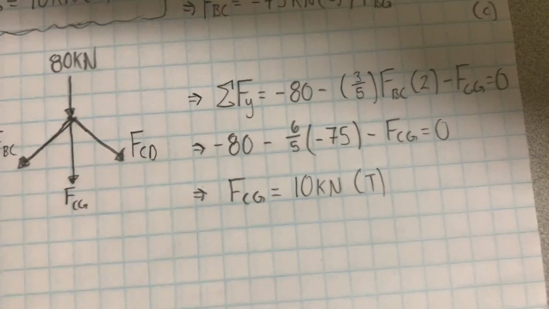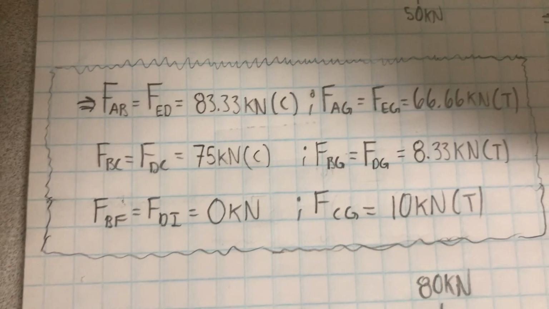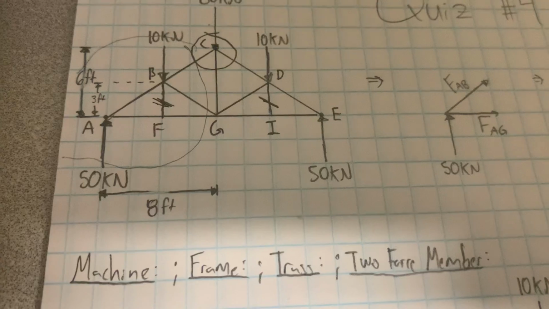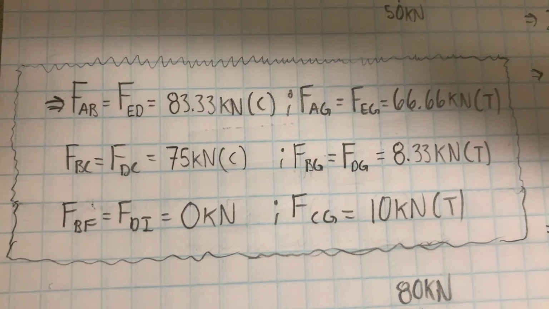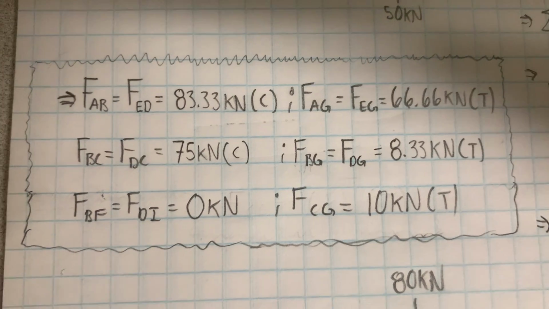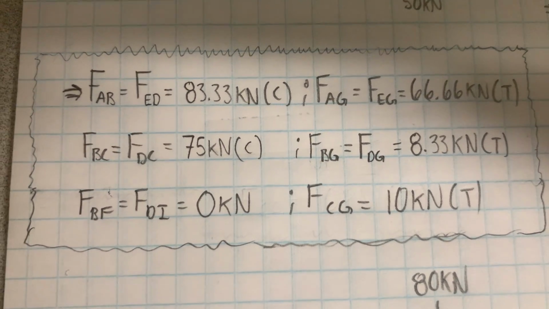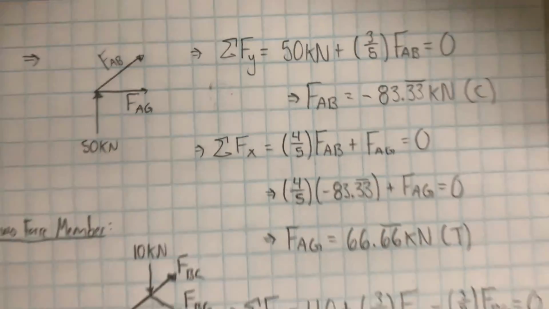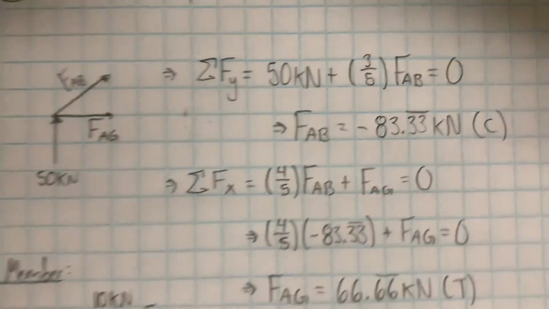So once we have completed that step, we ultimately know all the forces in the members, and this is what we get. And once again, there's a lot of symmetry involved in this problem, so a lot of the forces are going to be equal to each other. So FAB is equal to FED, which we solved earlier from this section.